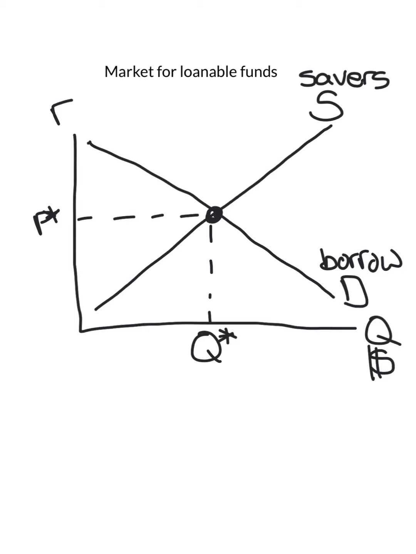At the same time, when we look at the savings side, the savers that are willing to save their money when interest rates are low are the ones that have the lowest opportunity cost of putting their money in a savings account instead of spending it today on consumer goods and services. It's only as the interest rate gets higher and higher that the people who have really high opportunity costs of savings will put their money into the market, into the banks, for instance.